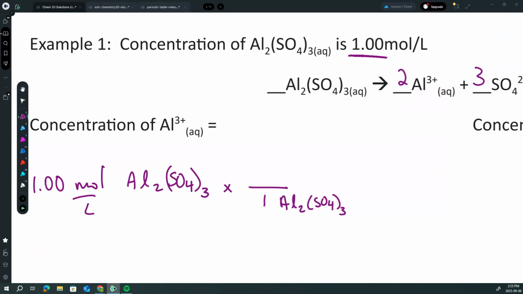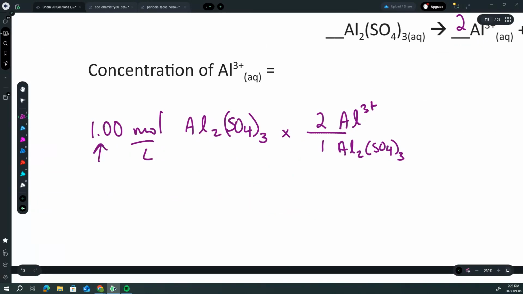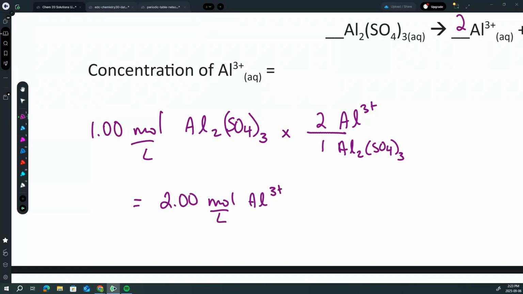For this question, what we're looking for is the concentration of aluminum 3+, and the coefficient for that is 2. So essentially what we're doing is taking 1 multiplied by 2 divided by 1. That's going to give us 2 mole per liter of aluminum 3+.